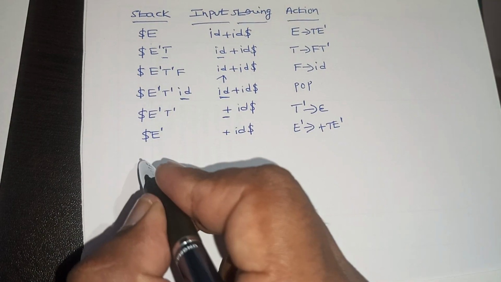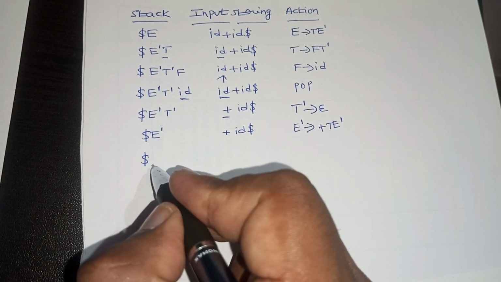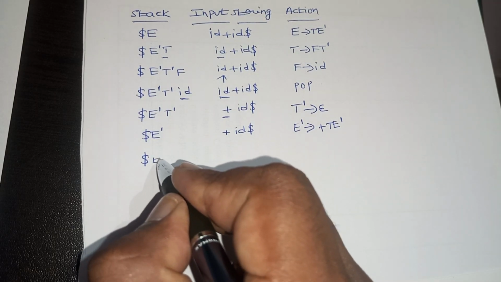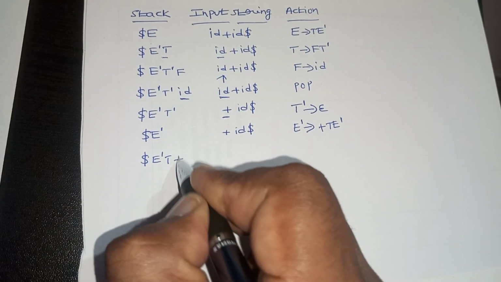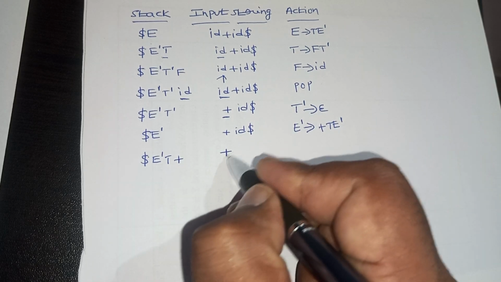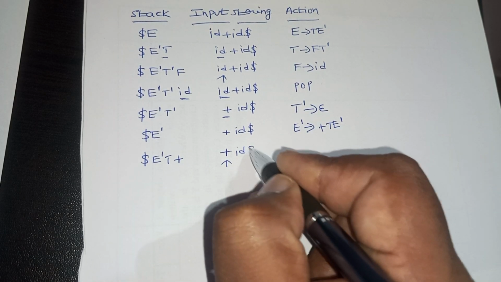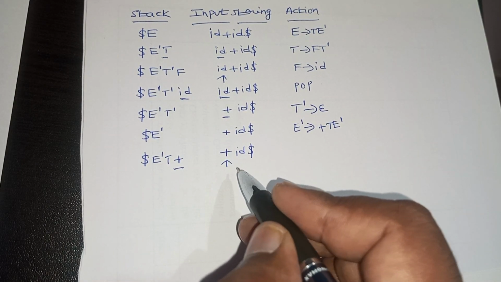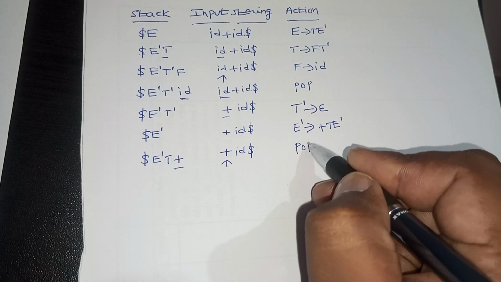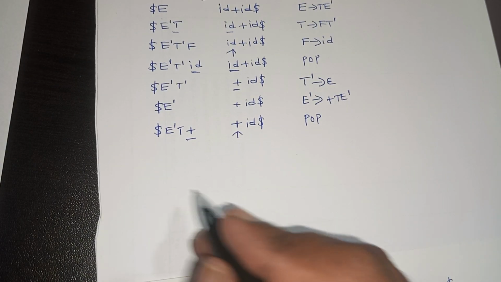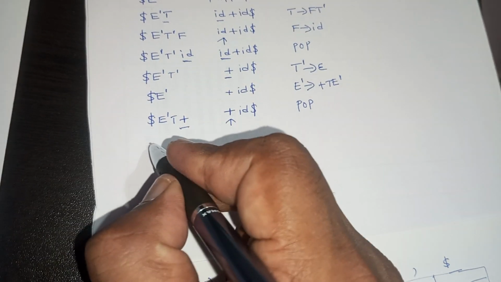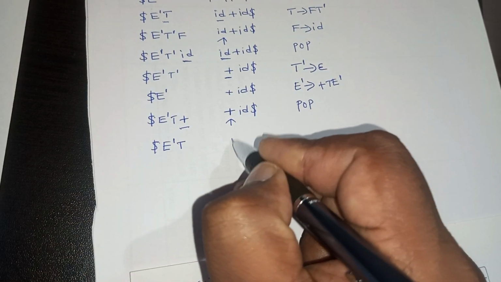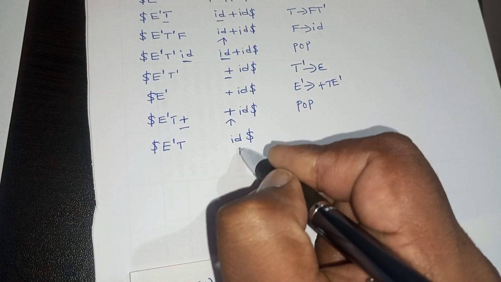Then dollar e dash t plus, plus id dollar. Then what will happen? Both are matching, so you have to perform the pop action. Okay, then dollar e dash t, so id dollar.